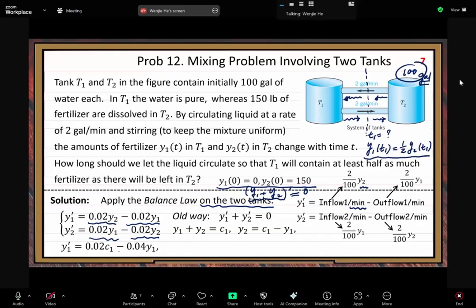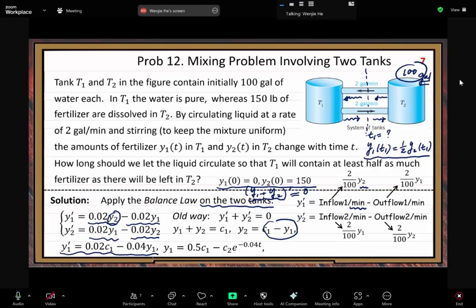We replace the y2 function by C1 minus y1, so we eliminate y2 in the first equation. Then you only have one unknown function, y1, and we know how to solve it.